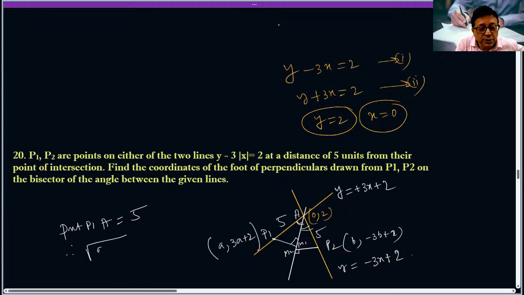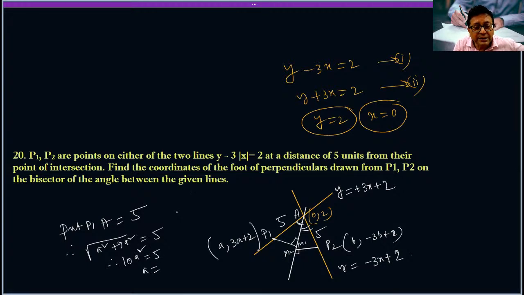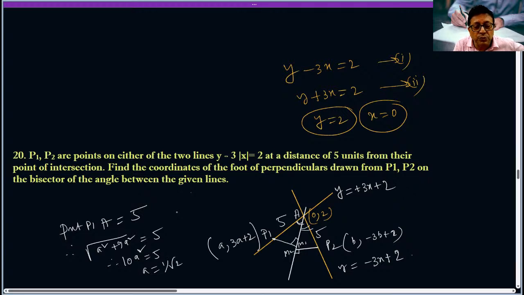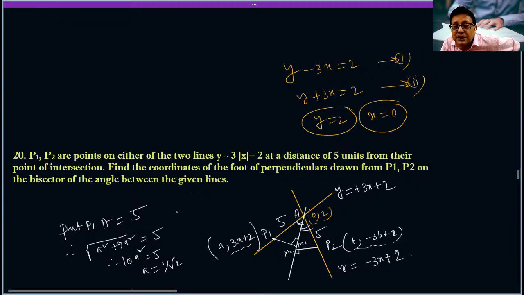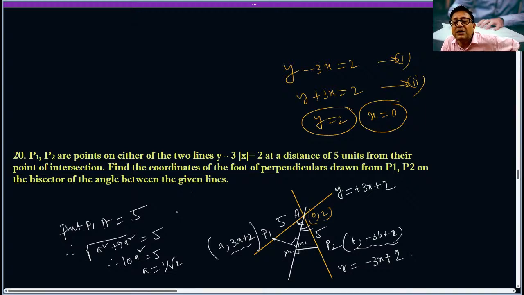So under root a square plus 9a square is 5. So 10a square is 5. A is coming 1 by root 2. So this point coordinate is found out. Similarly, you can get this point's coordinate. So bas, it is done.